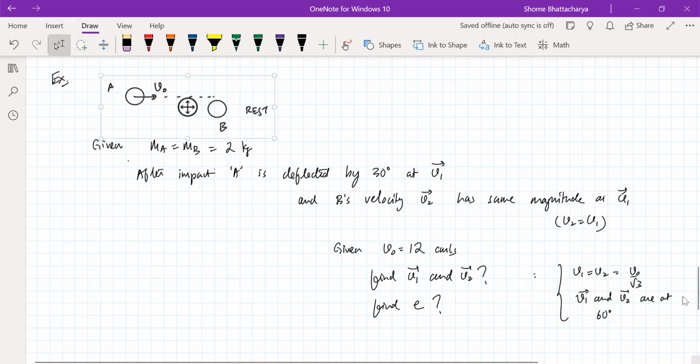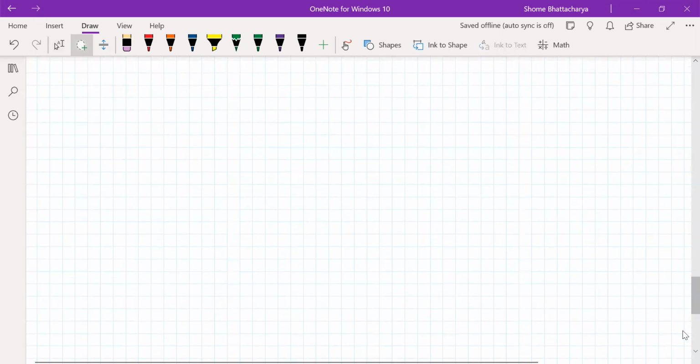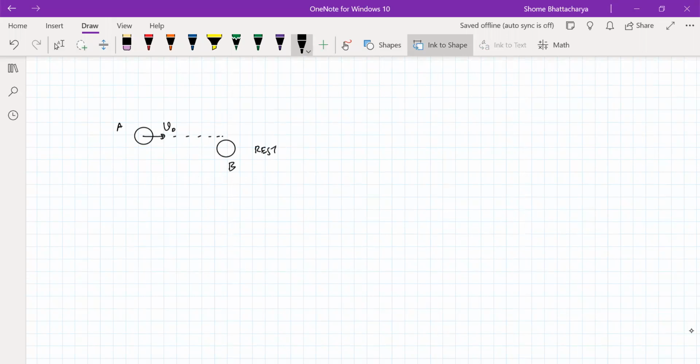So it's given to us in the question that the first body A deflects by 30 degrees. So what that means, let's understand. That means after impact, this angle will be 30 degrees.